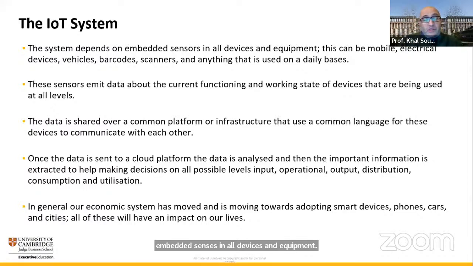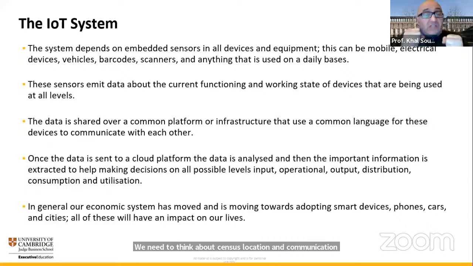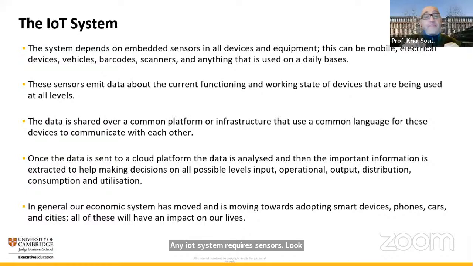One of the starting points when we think about the IoT system is that we need to think about sensors, location, and communication. Any IoT system requires sensors, the location of these sensors, and then communication. The Internet of Things is really about having embedded sensors in all devices and equipment.